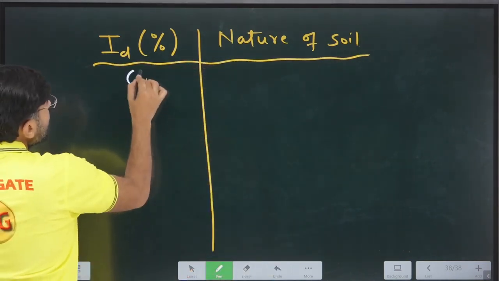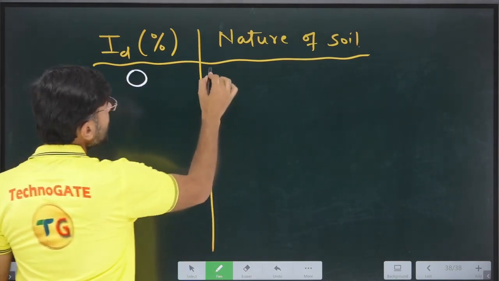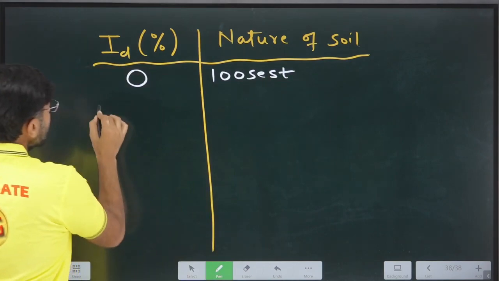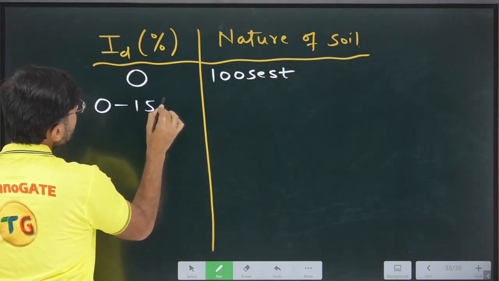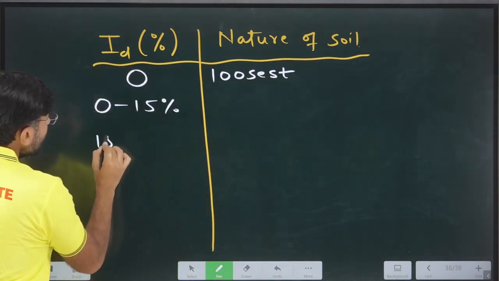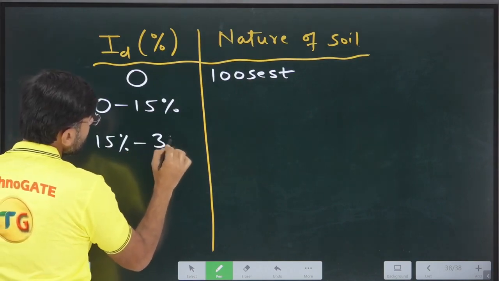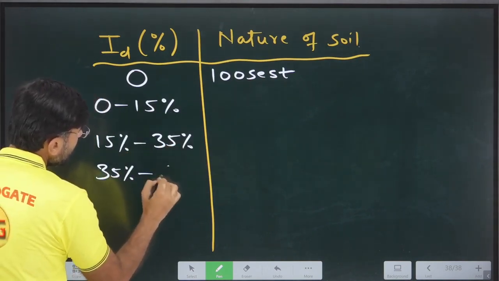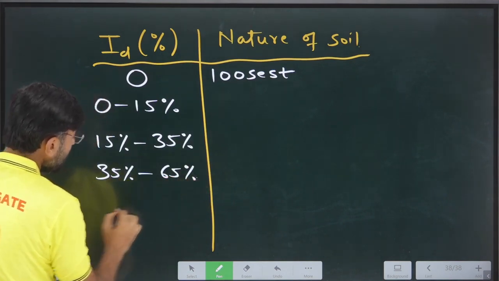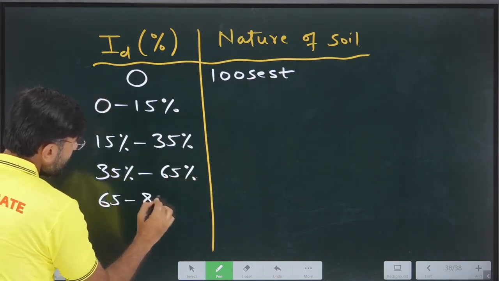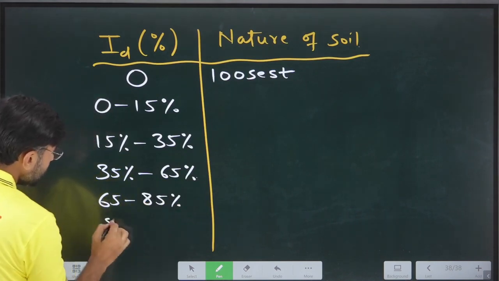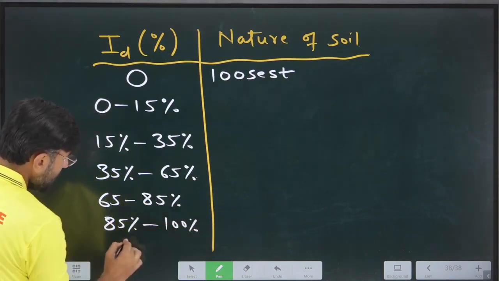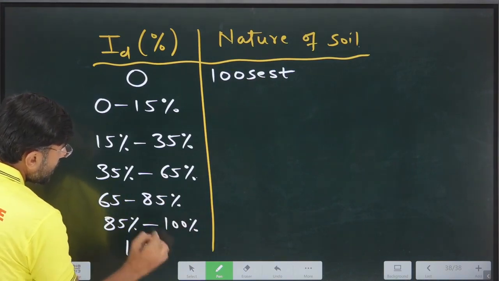If the density index is 0, the soil is in a loosest state. If the value is between 0 to 15%, then 15% to 35%, 35% to 65%, 65% to 85%, 85% to 100%, and 100%.